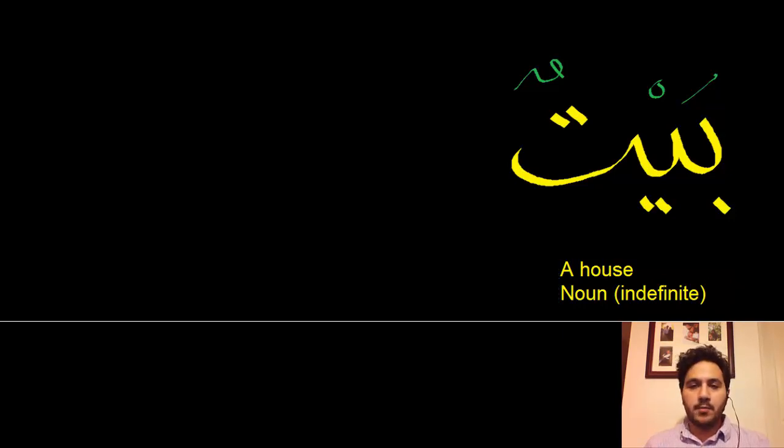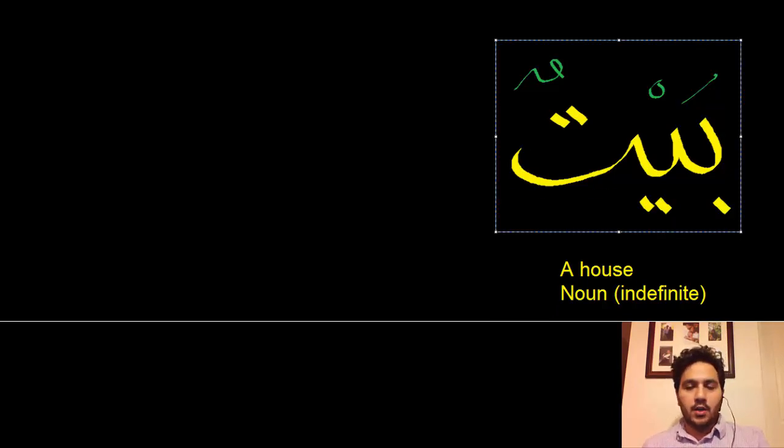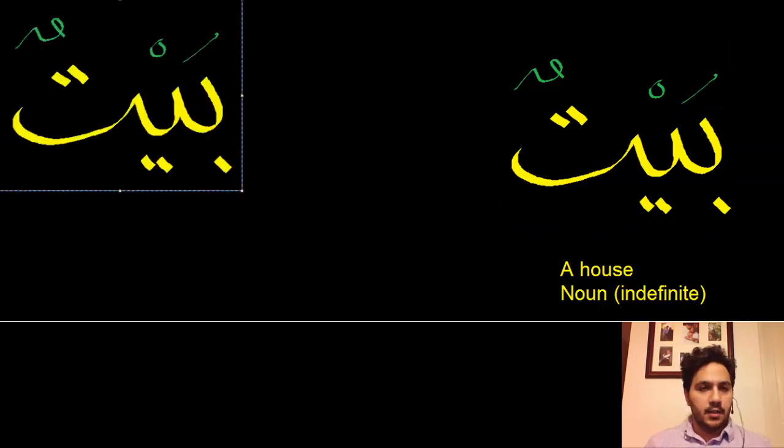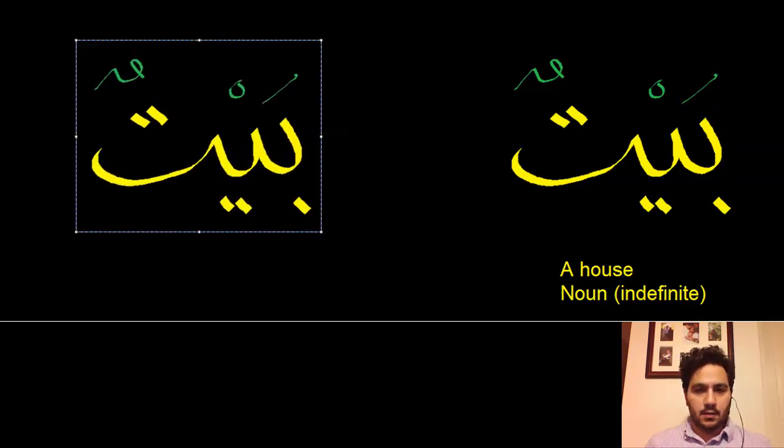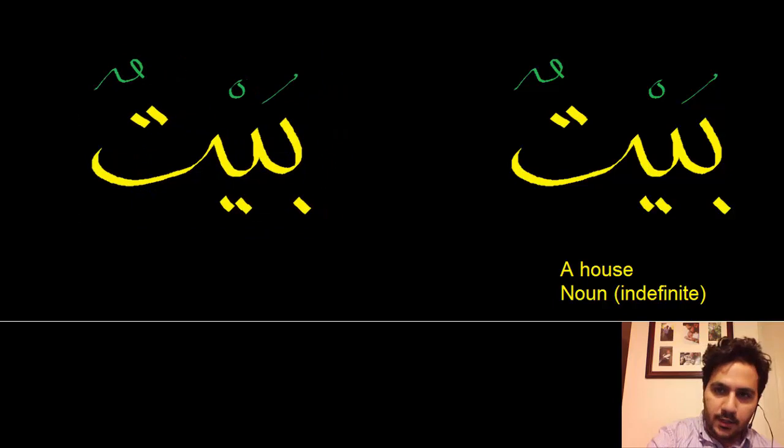So, we want to go from saying a house to the house. How do we do that? Well, in Arabic, we don't add the, we just add al-Ta'rif. That's the whole point of our lesson today. When we do that, certain things happen to the harakat on the word, and I'll show you what happens exactly.